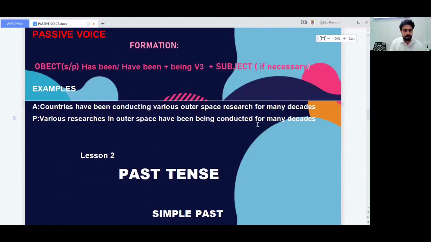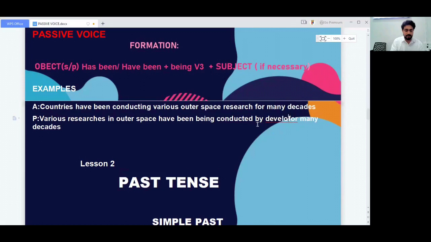And I want to put the subject here: by all countries, by many countries, I'm going to say by developed countries. Okay, various researches in outer space have been being conducted by developed countries for many decades. So that is an example for present perfect continuous tense in passive form.